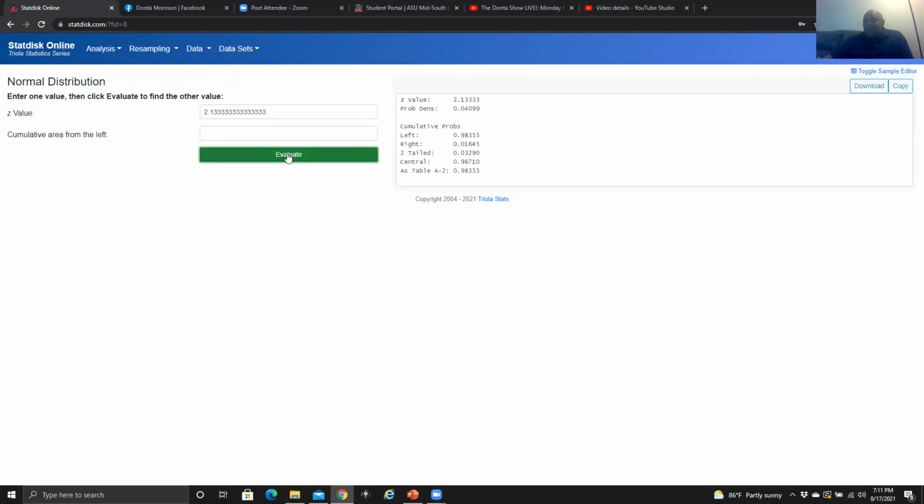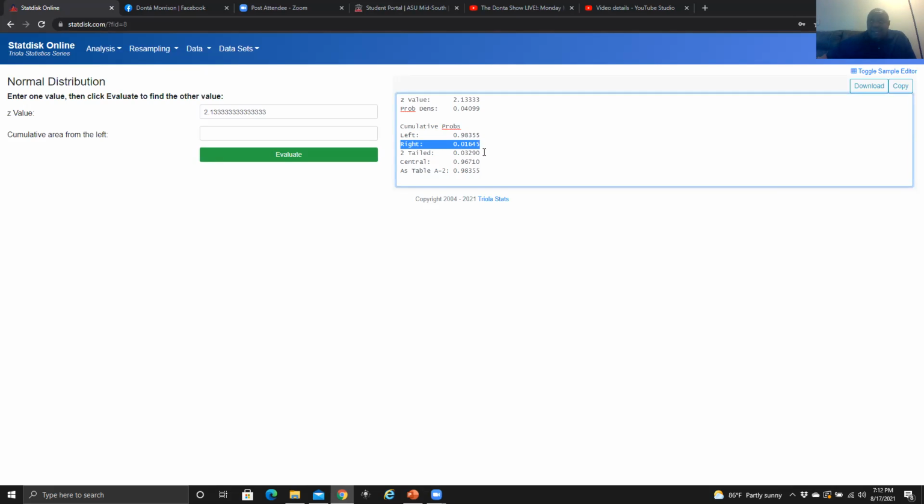And this is going to be the output that you'll see on the right side. Now, the one we want is the one that says at least. Well, at least means greater than or equal to. And greater than or equal to means we're looking at the area to the right, not the left, because greater than means bigger and bigger.